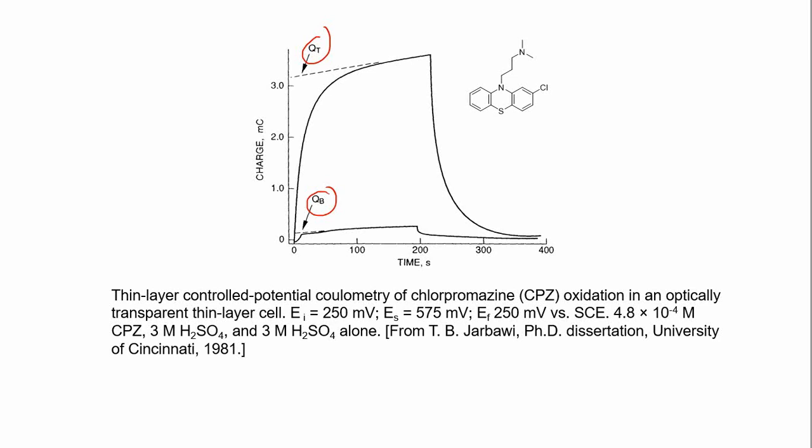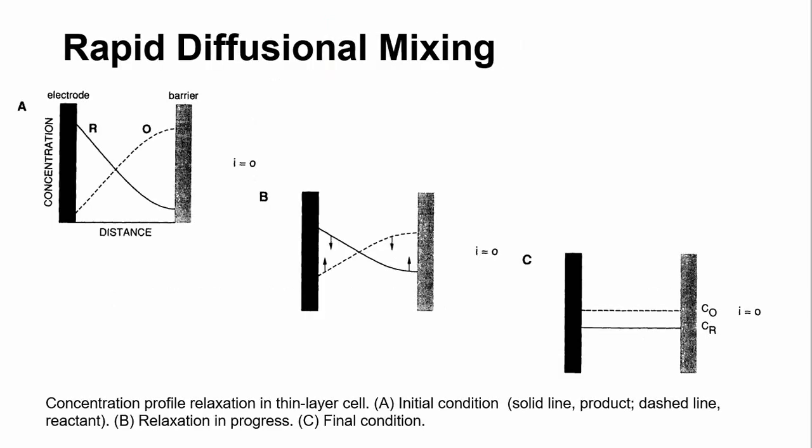Now in a thin layer cell there is rapid diffusion mixing, for example. So what we observe is the rapid diffusion mixing. What we see here is that initially we have this situation: the concentration of the reduced species and the concentration of the oxidized species, against the distance from the electrode, and here is the barrier.